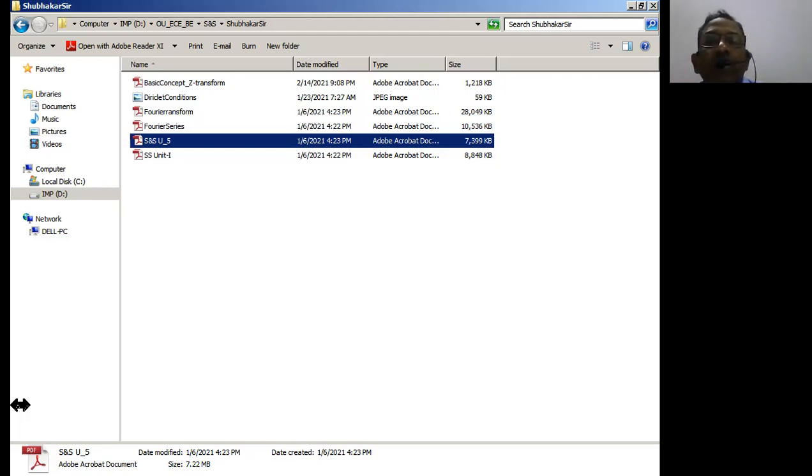That means for all z values, we get X of z equal to 1. Therefore, the ROC is the entire z plane. Whenever we multiply any signal with delta of n, the ROC is going to exist over the entire z plane. That is the conclusive remark for the Z transform of the unit sample sequence.